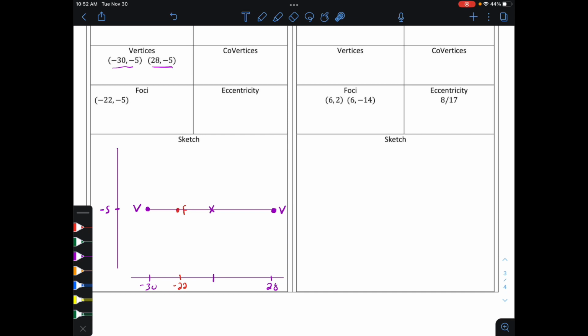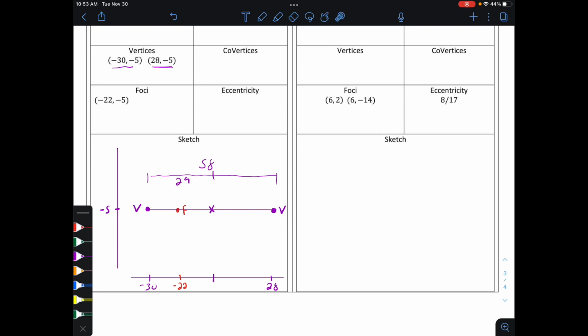So I could do 28 minus -30. And that's going to give you an overall span between the 2 vertices. The distance in between them is 58 units. So half of that distance is going to take me to my center. Well, half of 58 is 29.